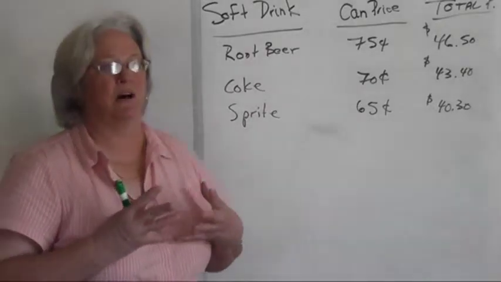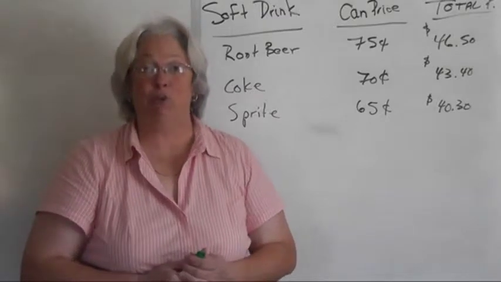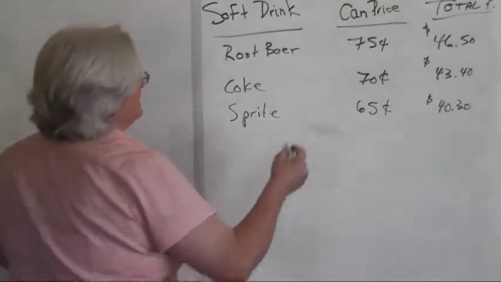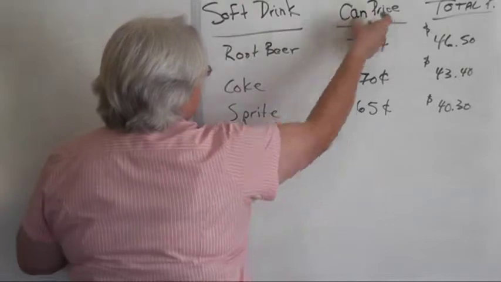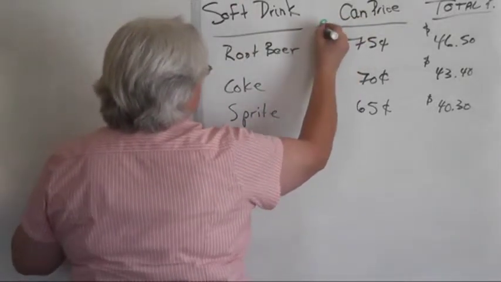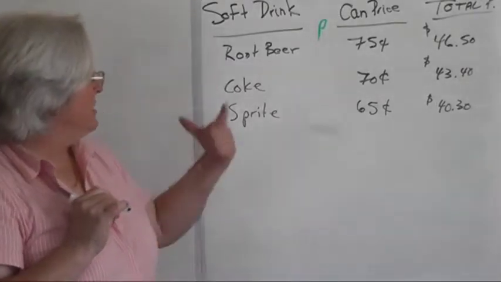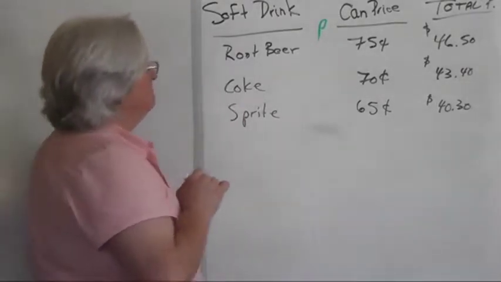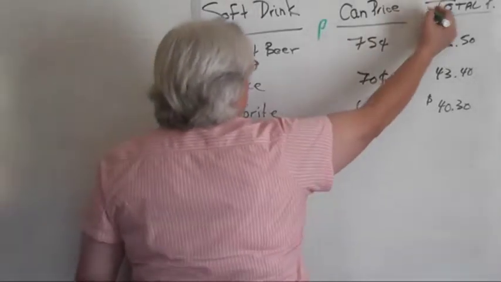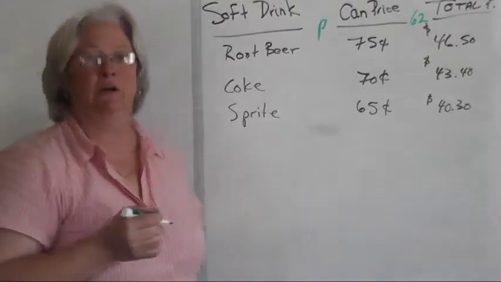And you can see how they really stretch the examples that they have in your book, but it still accomplishes the purpose. So let's say that the price of the can, we're going to use a little P. P stands for price, and the total number of people that we have at this Sunday school picnic is 62.